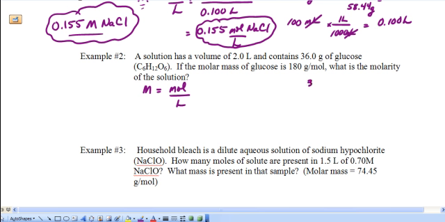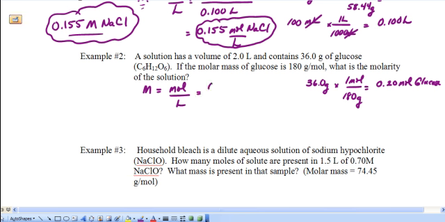So we have 36.0 grams of glucose. We're going to multiply that by 1 mole of glucose over the 180 grams. And so that's going to give us a total number of moles of 0.20 moles of glucose.